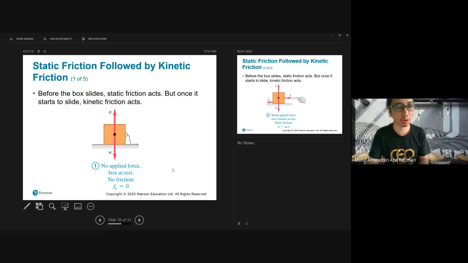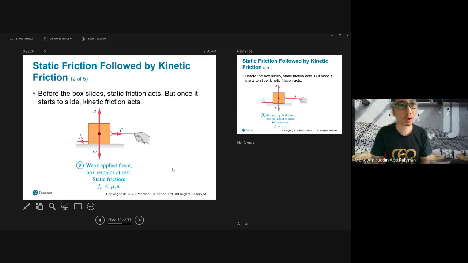Over here, there's no applied force, so there's no friction. So Fs equals 0. Now let's say we apply a weak force. We are trying to pull this calculator. As you can see, it won't move.